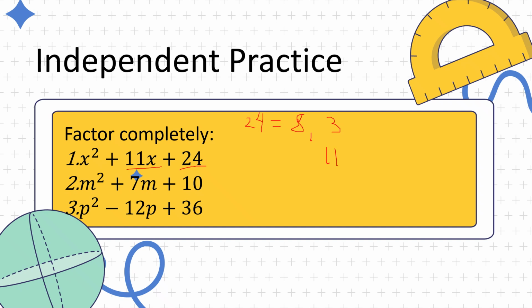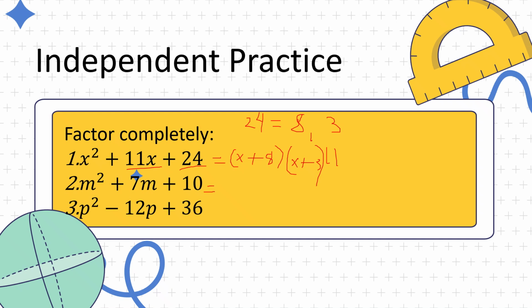So therefore, the factors are x plus 8 times x plus 3. Get it? Good.